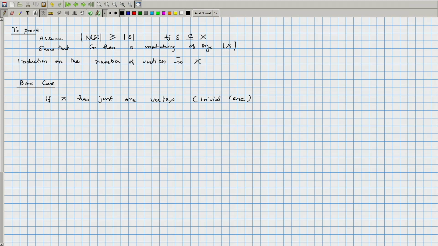Now, let us take a graph with m plus one vertices on the X side. We will assume the statement is true for all bipartite graphs with m vertices on the X side.